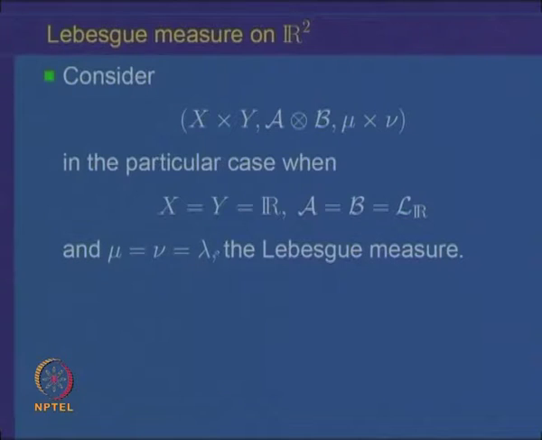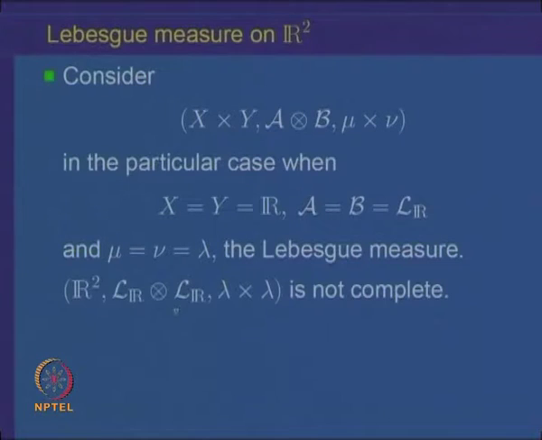So, we are looking at a copy of the real line, the sigma algebra of Lebesgue measurable sets and lambda the Lebesgue measure, and taking its product with itself. That will give rise to the product measure space R 2, the Lebesgue measurable sets times the Lebesgue measurable sets, the sigma algebra, and the product measure lambda cross lambda.